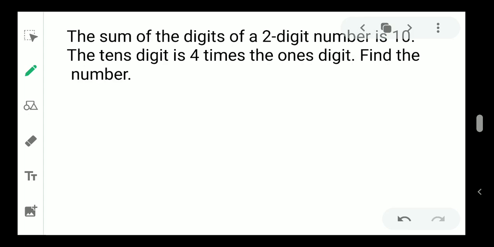the sum of digits. Before I start, let me tell you one thing about digits. Do you remember the tens place and thousands place?